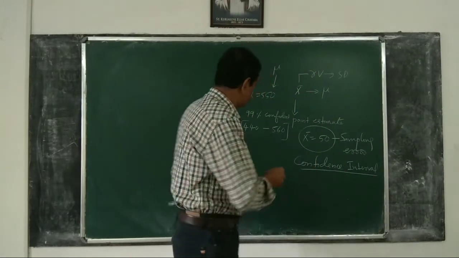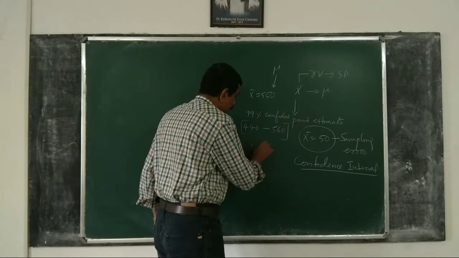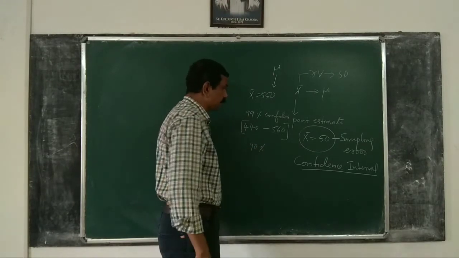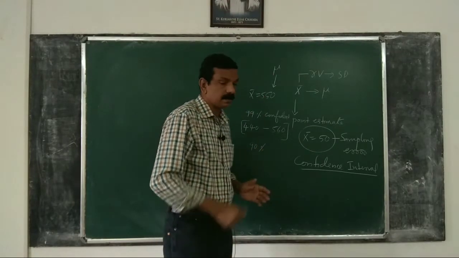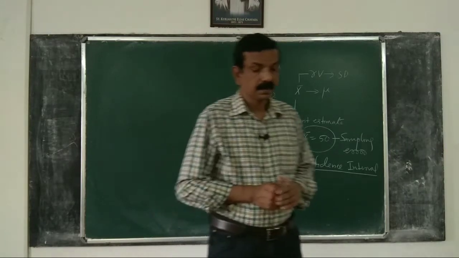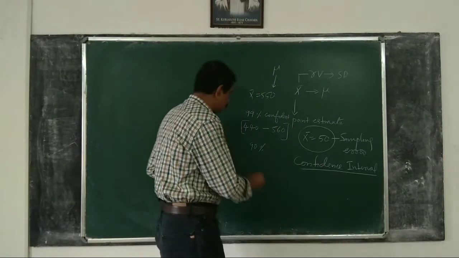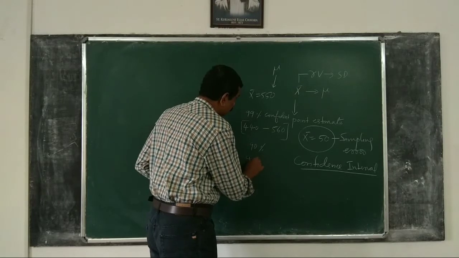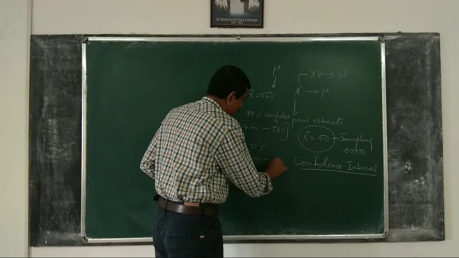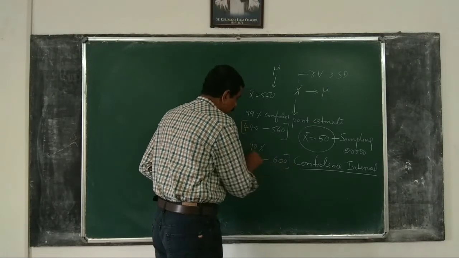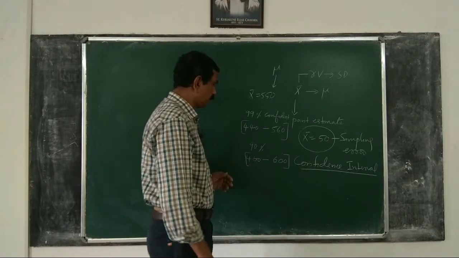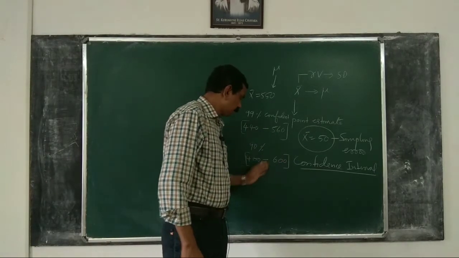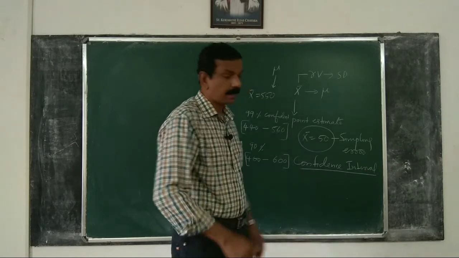We are 90% confident that mu will lie in the interval, say 400 to 600. 90% confident that the interval will contain the parameter mu.